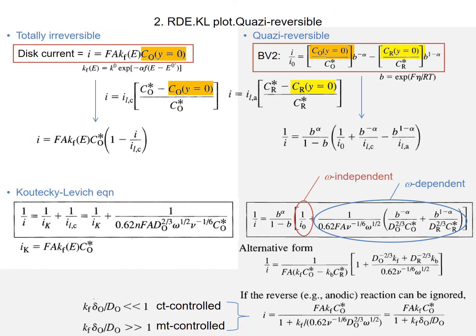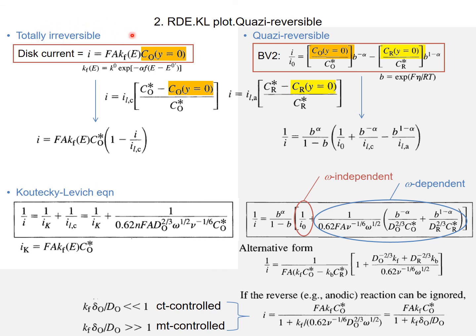Okay, up to now I have been thinking of irreversible reactions. In this slide, I'd like to extend the Koutecký-Levich plot from the irreversible case to the quasi-reversible case. We have obtained the Koutecký-Levich equation for the totally irreversible case.